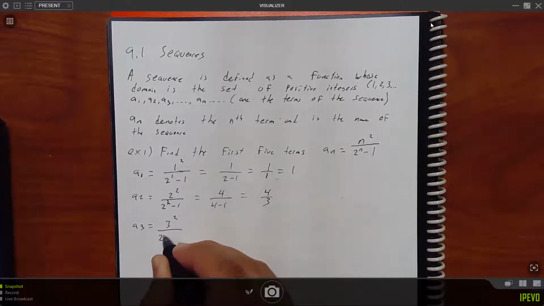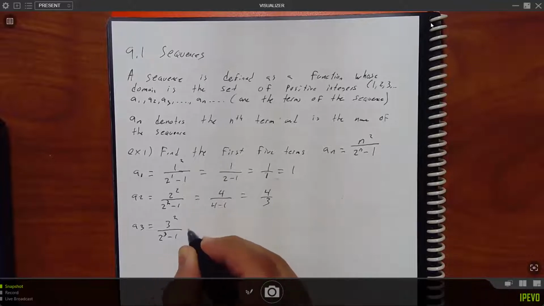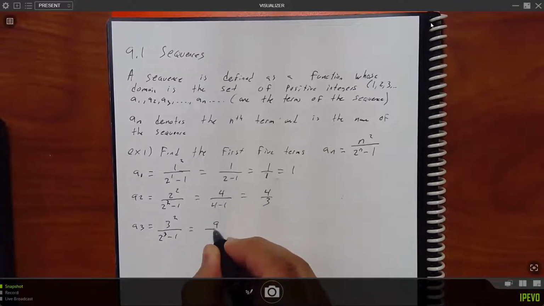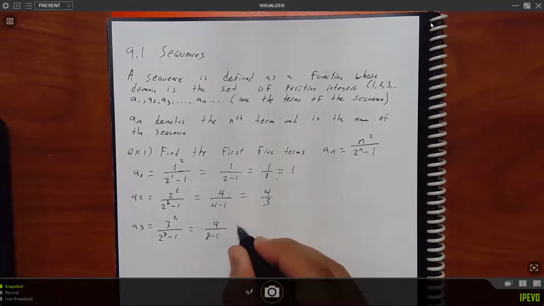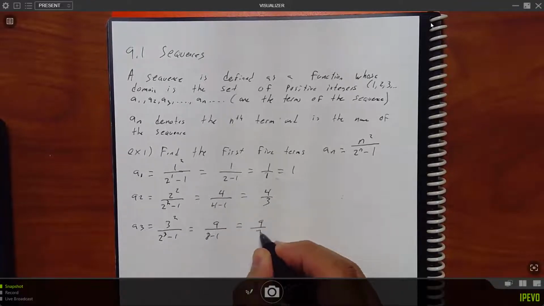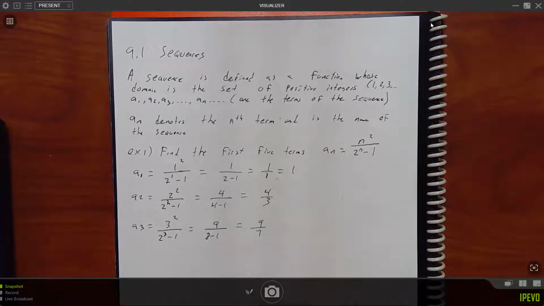Do you see a pattern? If you don't see, we can keep plugging them in, right?